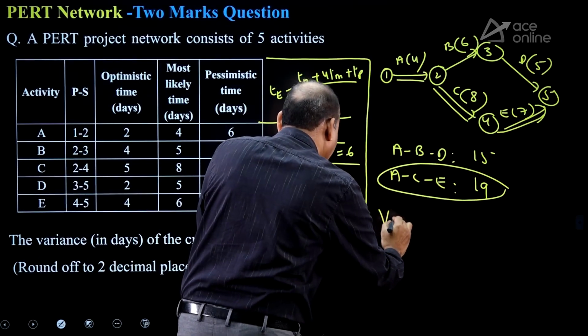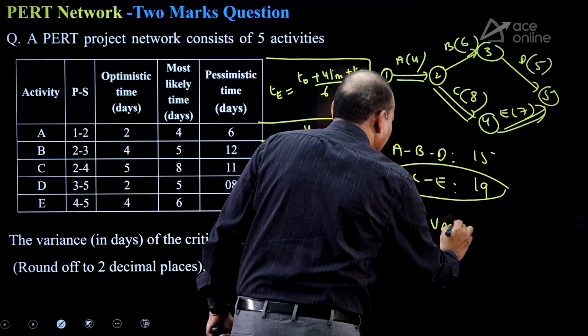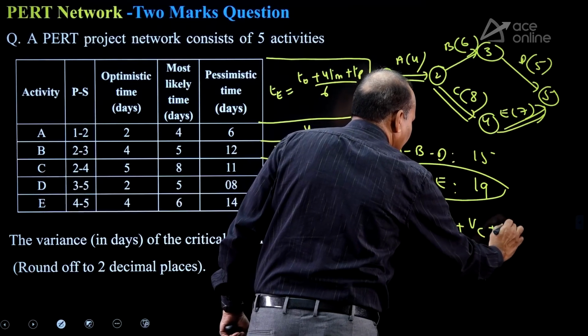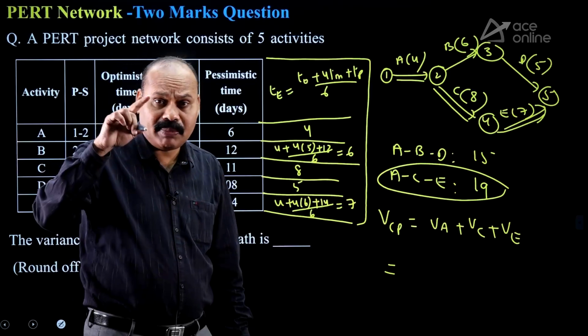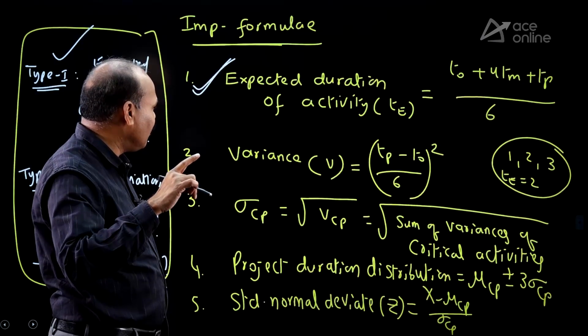The question is the variance of the critical path. So VCP is equal to VA plus VC plus VE. But what is the formula for variance? Variance is equal to ((TP minus TO) by 6) whole square. Just see the formula.